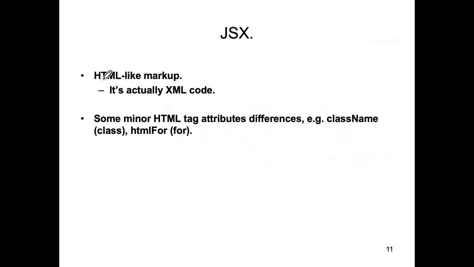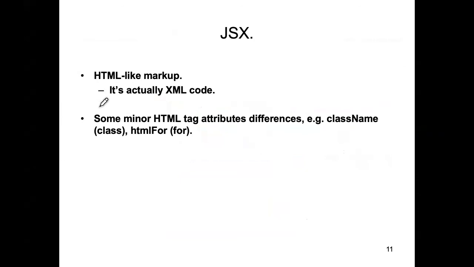So JSX is an HTML-like markup language. Technically, it's actually XML, but as far as we're concerned, we can just regard it as HTML with a few extra little bits that are not standard HTML. And I've already mentioned class and className. I think that's probably the only one that you will come across throughout this module.